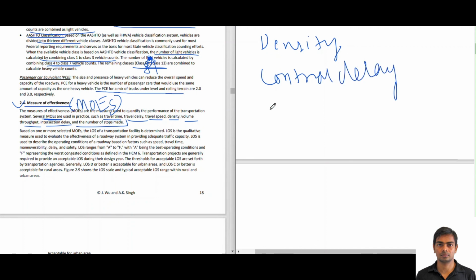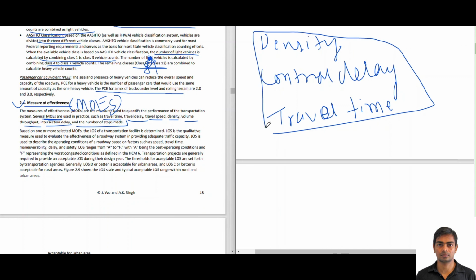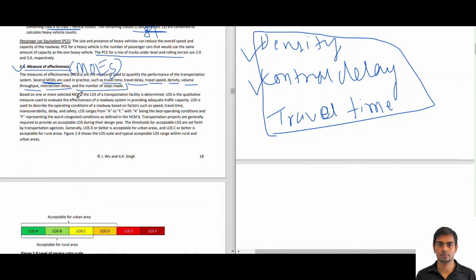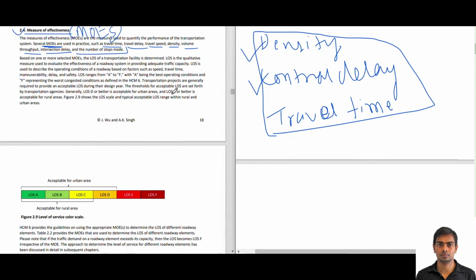Travel time is very intuitive and easier to figure out, which is why it is easier for the regular public to digest and understand. So these three are very commonly used measures of effectiveness, with density being the most used, and then control delay for intersections. Based on the measure of effectiveness, the level of service of a facility is defined.